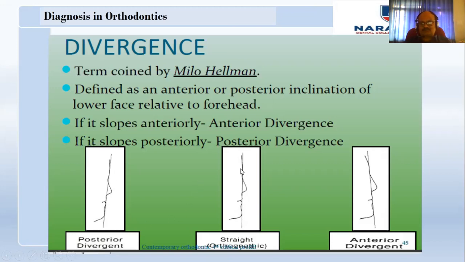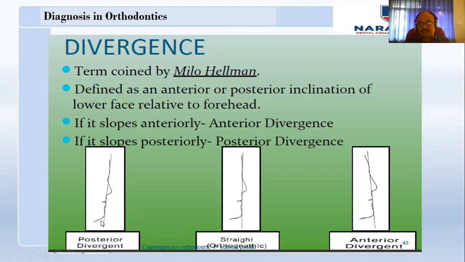Normally, we have a straight profile between Nasion, point A and Pogonion. This is called orthognathic divergence. If it slopes anteriorly, you call it anterior divergent.